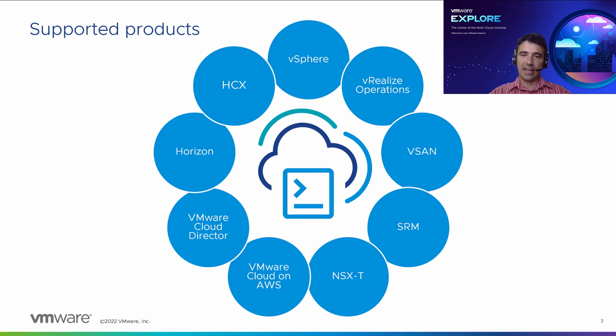So you can see that it is a rich product that allows you to automate different VMware products, and it also allows you to make cross-product workflows. So you can use the same script and read some information from one VMware product and perform an action in another VMware product based on that. So you can do cross-product workflows with PowerCLI as well.